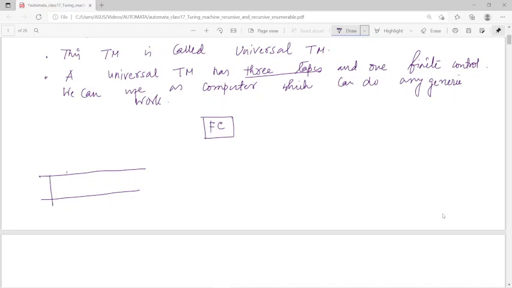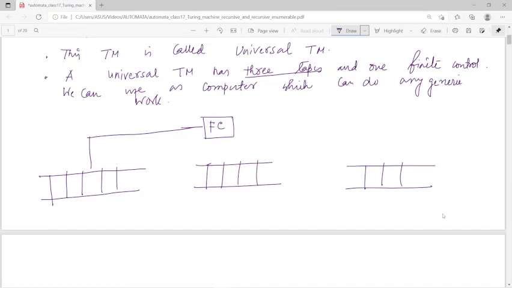Look carefully: this is one tape, this one is the second tape, and this one is the third tape, and this is the finite control. The finite control can point to any of these tapes. This tape we name T1, this is T2, and this is T3.